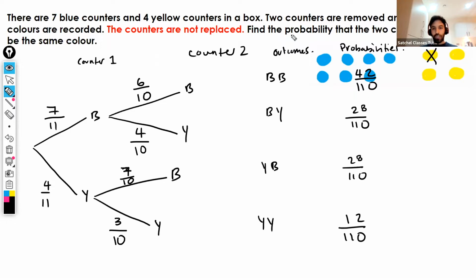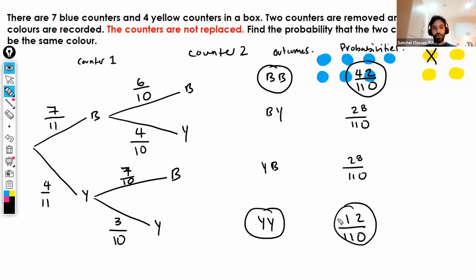Now, what does the question say? The question says, find the probability that the two counters will be the same color. So I want blue, blue, or yellow, yellow. So I want this probability and this probability. So I simply need to add the probabilities together.